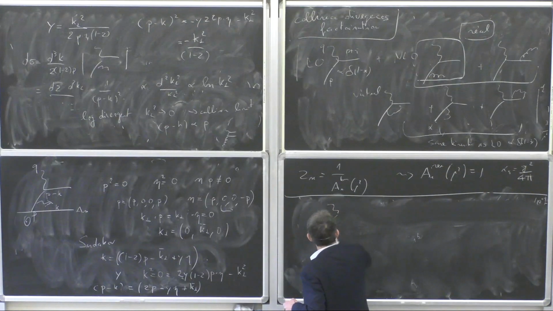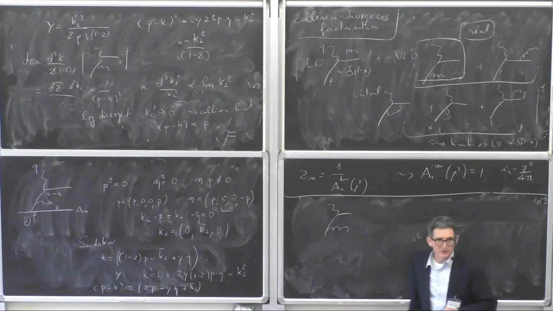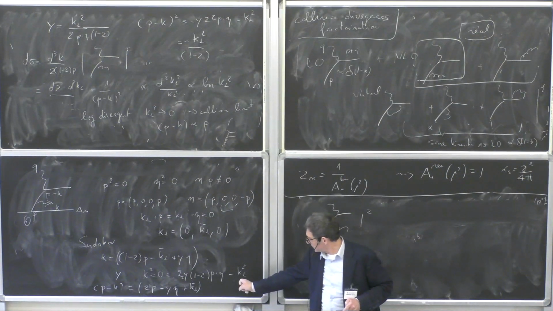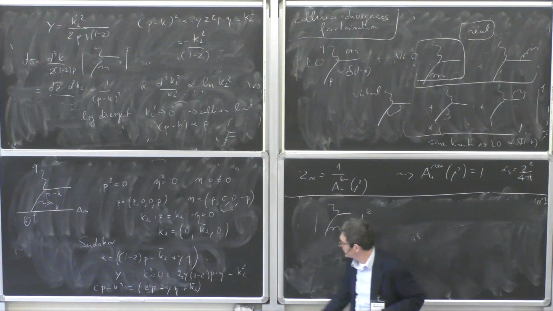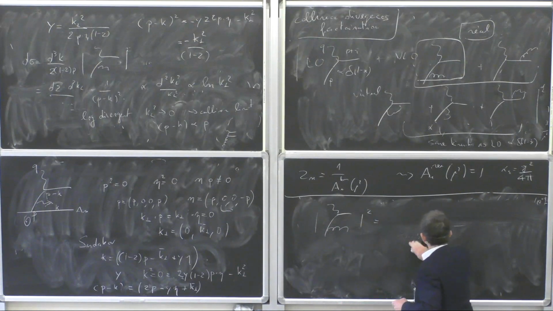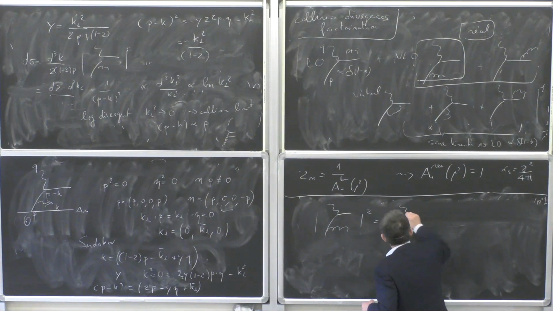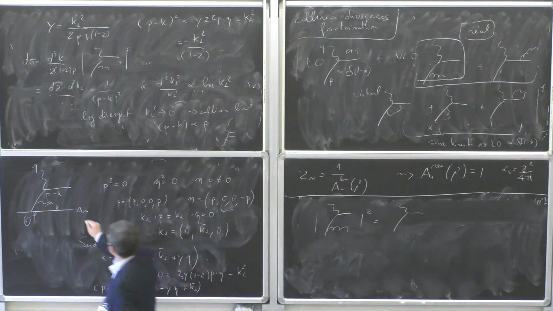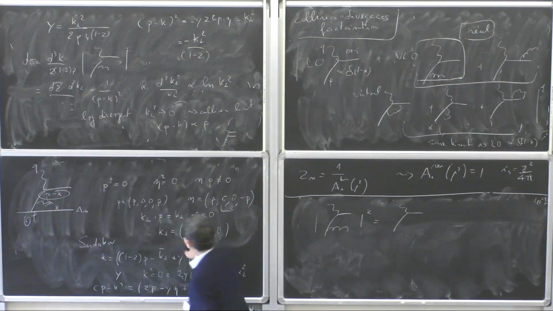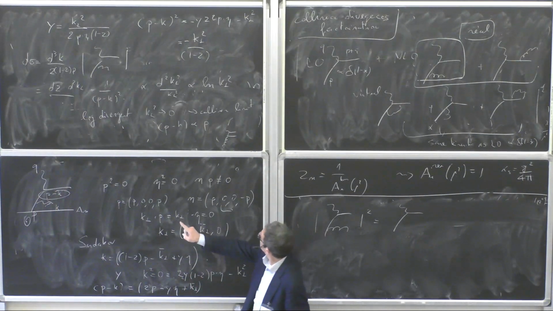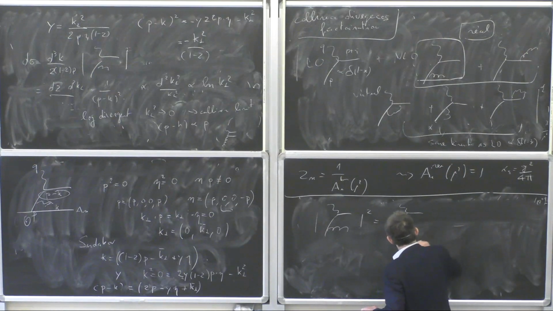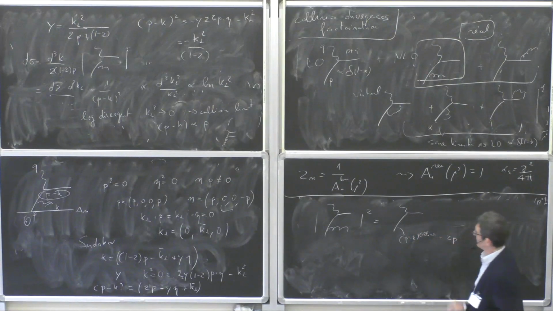If I compute the cross-section for this process, I discover that up to corrections expressed by powers of q square, this is equal to the cross-section for this process here with the incoming momentum p minus k in the collinear limit. So p minus k in the collinear limit is just z times p.